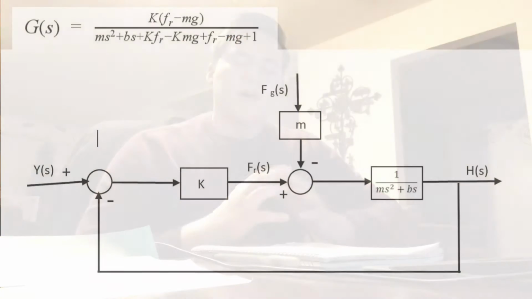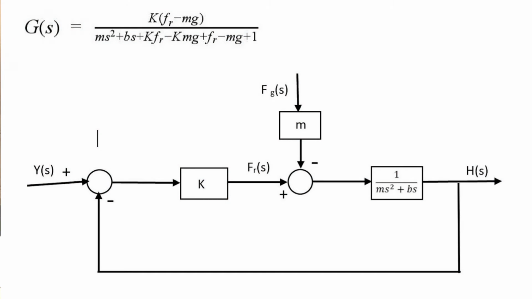These requirements led us to the following block diagram and the following transfer function of our closed loop system. And we're going to analyze this to make sure that it fulfills our requirements. The key difference here from the open loop system is the presence of the controller K, as you can see there.